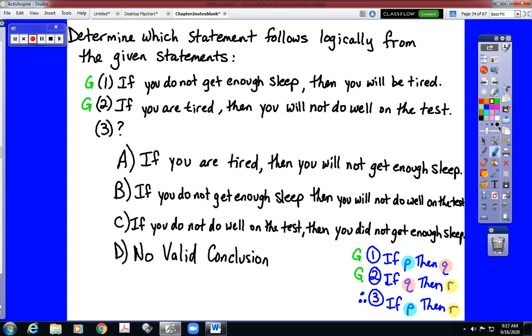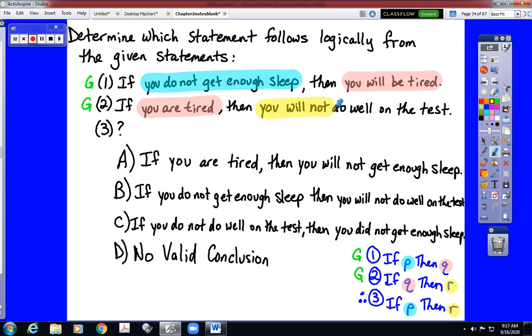So we go and we check that. We say to ourselves, okay, if you do not get enough sleep, so you do not get enough sleep is your P value, then you will be tired is your Q. Which means the second statement needs to start with some statement about tired. If you are tired, we're good there. It matches the pattern.